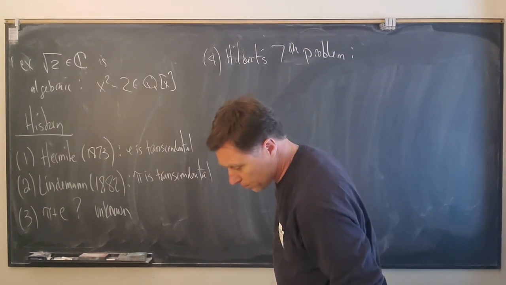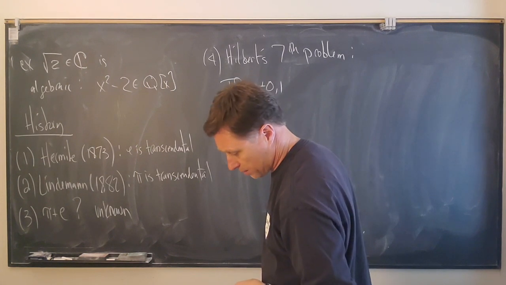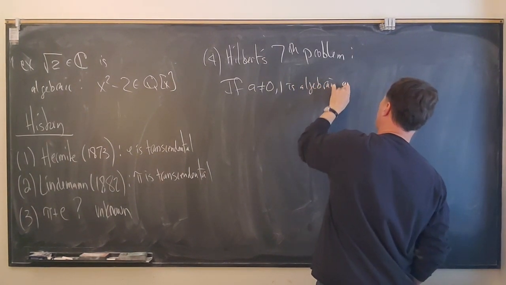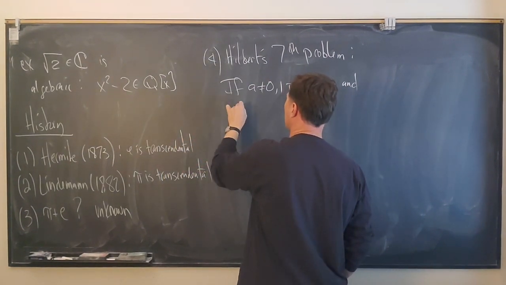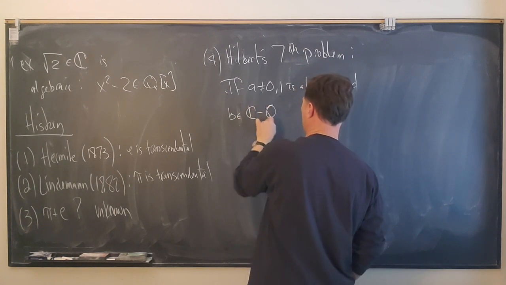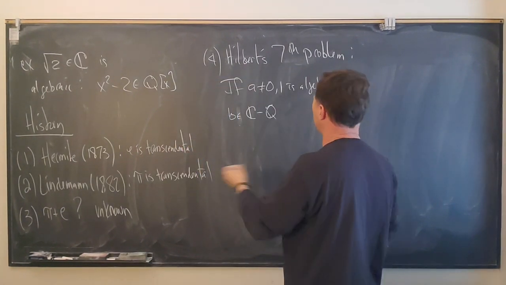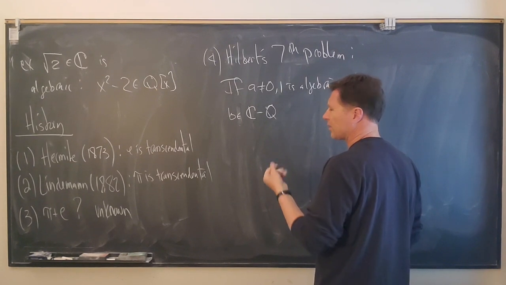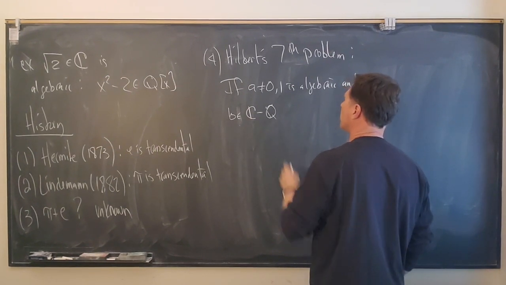It goes like this. If a is not equal to 0 or 1, and is algebraic, and b is algebraic but not rational, I shouldn't have said irrational, so b is irrational in the complex setting and is algebraic.